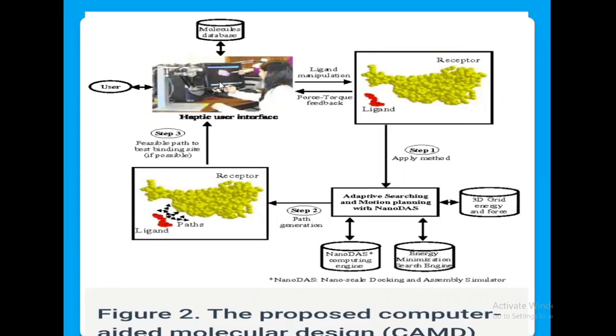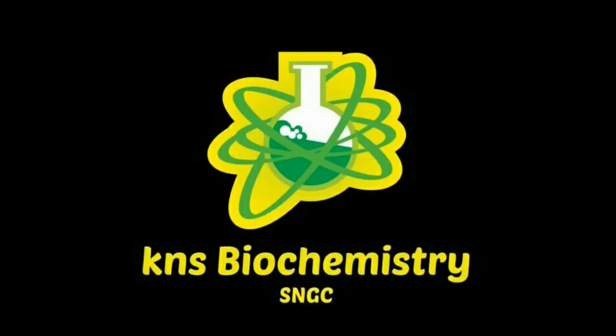So that is done using software, and you are getting the feedback opinion from the users. So this is the overall CAMD process that is done step by step, step 1, step 2, step 3. Then finally, the molecular design is determined. So that is called computer-aided molecular design.